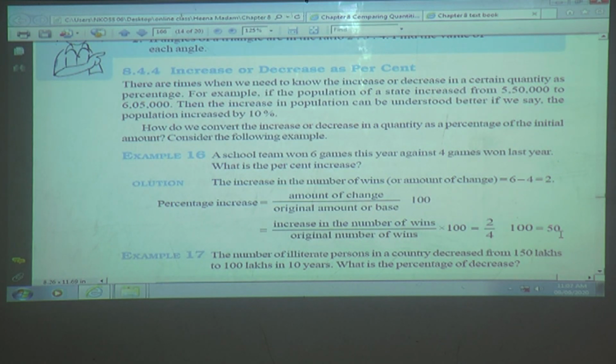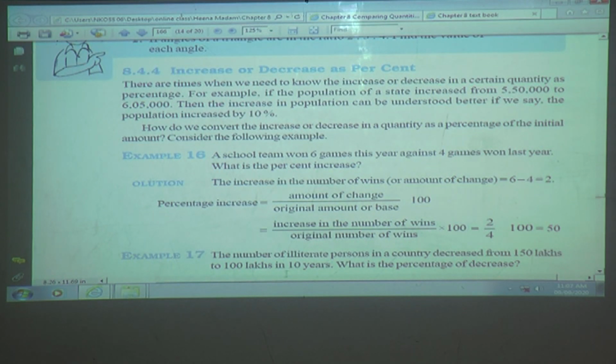So what we did was find the increase in the number of wins, that is the difference. 6 games were won this year, and last year 4 games were won by them. So we took the difference, which is 2.